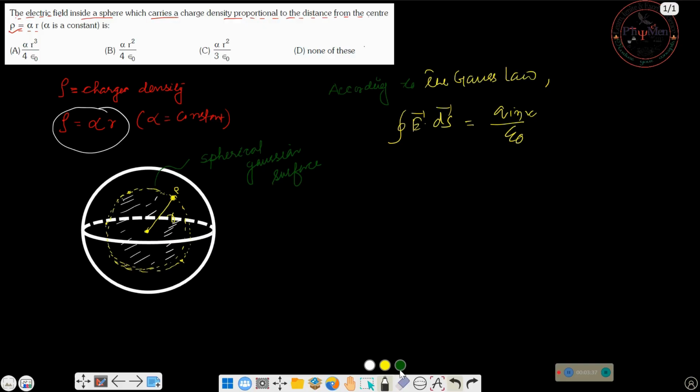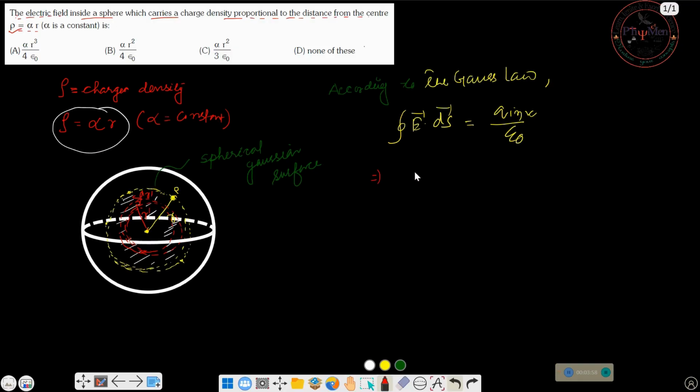For this, we take a small elementary volume at a radius r dash from the center with a thickness of dr dash.